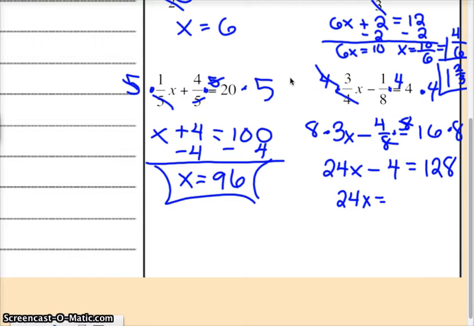Do you see that? Divide by 24. And you get 5.5. And that's what we got in the other one. So same answer, just bigger numbers that I'm dealing with. Okay? So it will be fine. It's just bigger numbers. Alright?